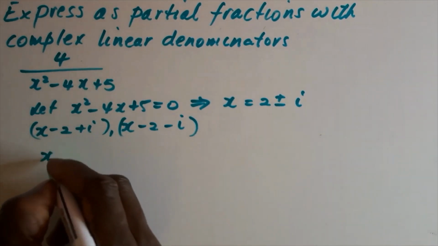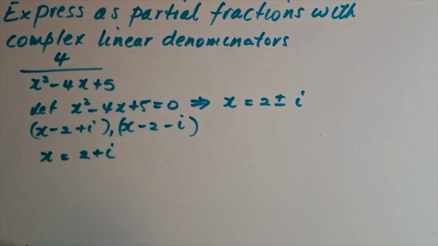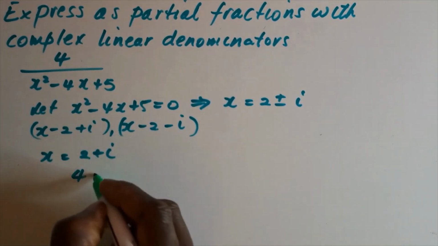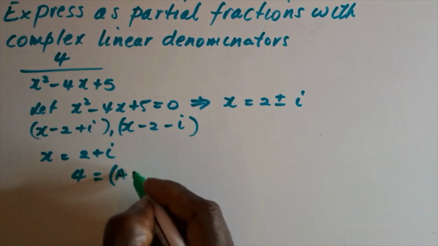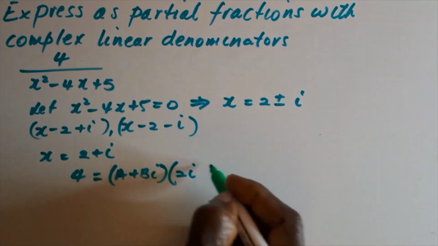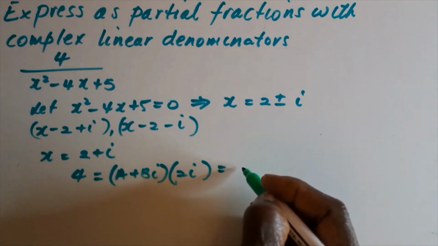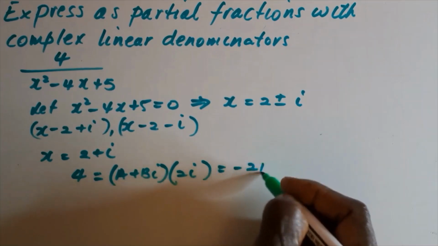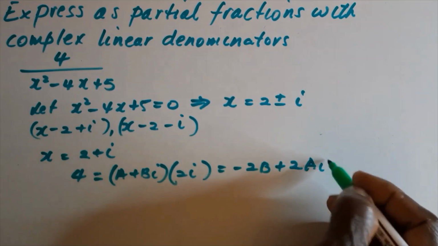Now when x is equal to 2 add i, we have 4 is equal to a add bi, times 2i, which gives us minus 2b add 2ai.